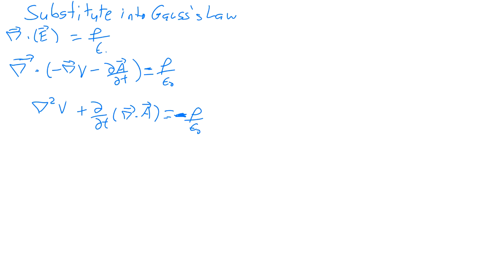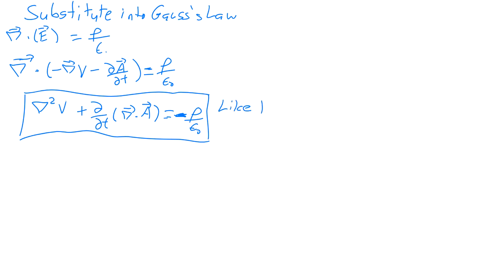Anyways, this is a useful equation. If you look at it, it looks like Poisson's equation. And in fact, we recover Poisson's equation when we've got static fields, when the time derivative of the divergence of A is 0.